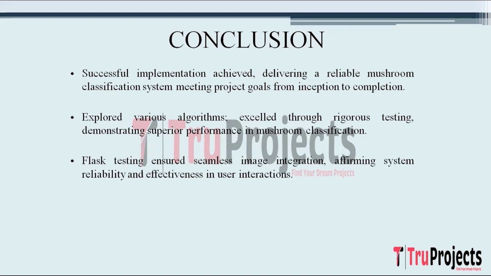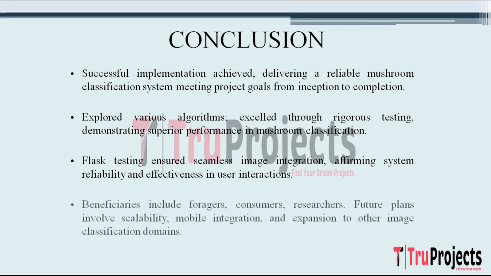Extensive testing using Flask ensured the system's functionality and reliability, focusing on seamless integration of input image. This phase validated the robustness and effectiveness of the system in handling user interactions, guaranteeing that users can upload images and receive accurate classifications as either edible or non-edible mushrooms.